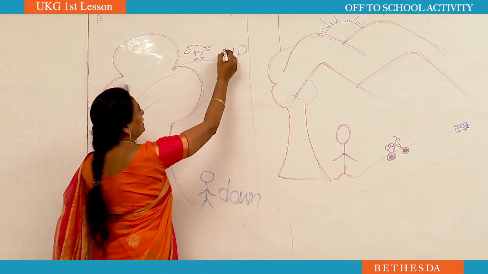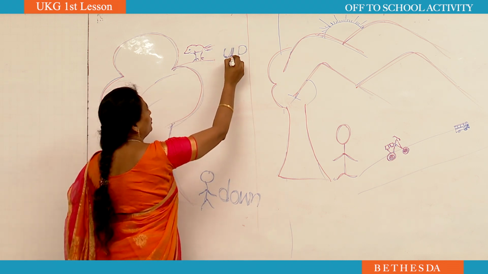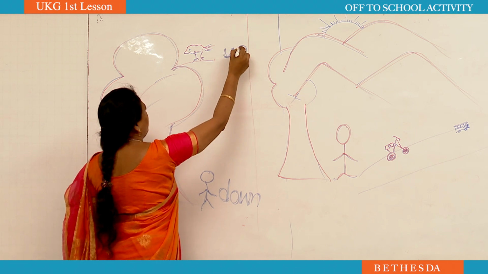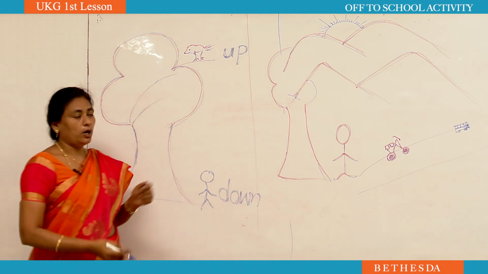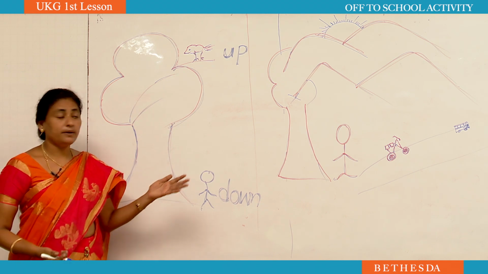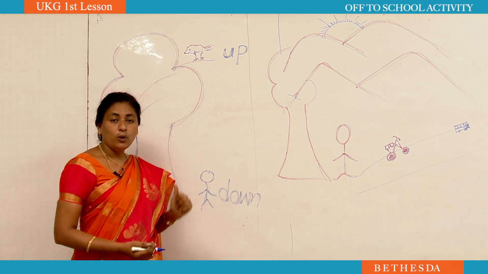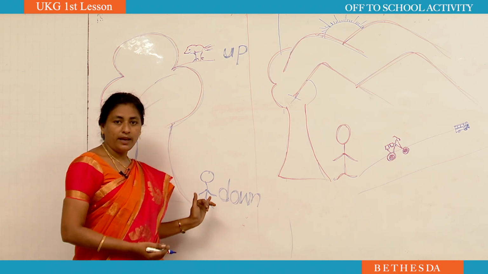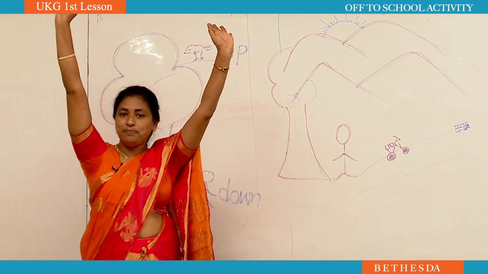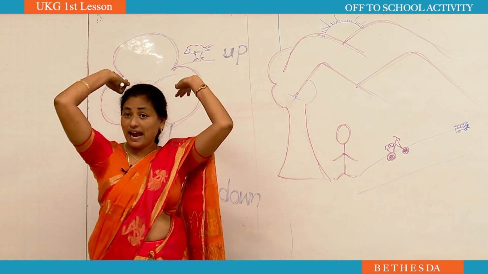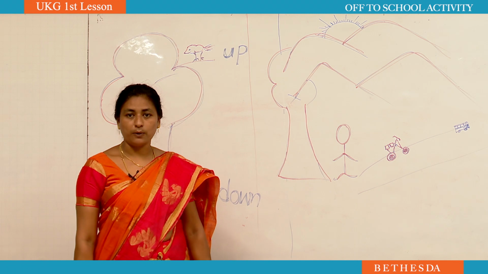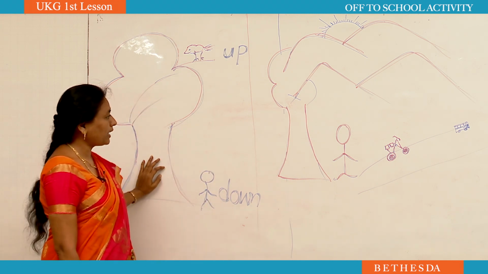Up spelling, U-P, up. Okay, what is up? Bird is up. Who is down? Boy is down. Okay? Come on, keep your hands up. Yes, your hands are up. Now, down. This is the activity 1.